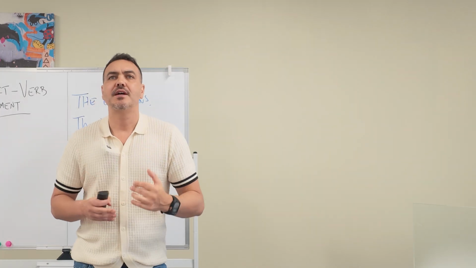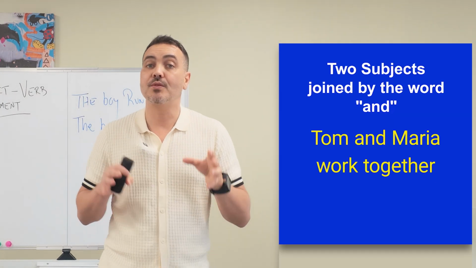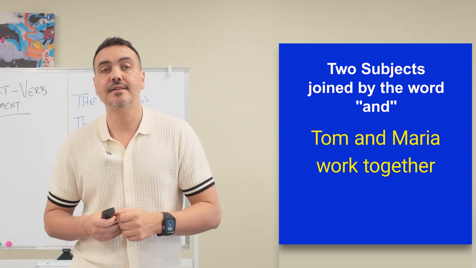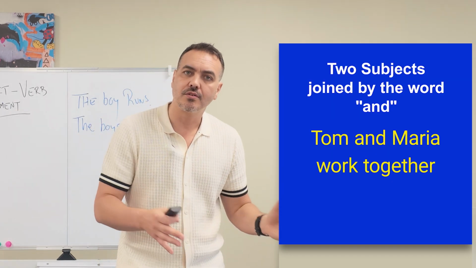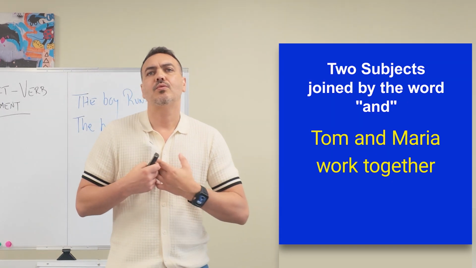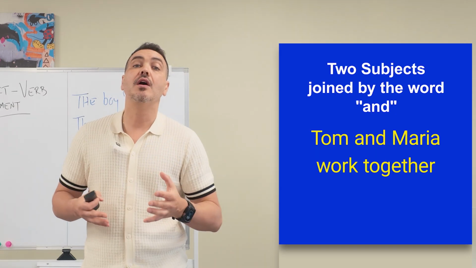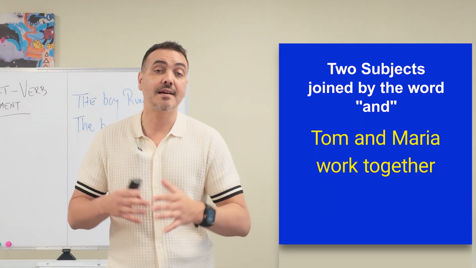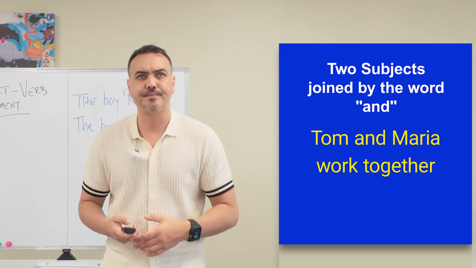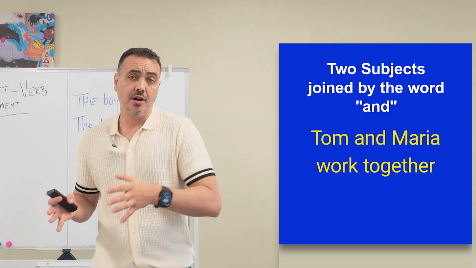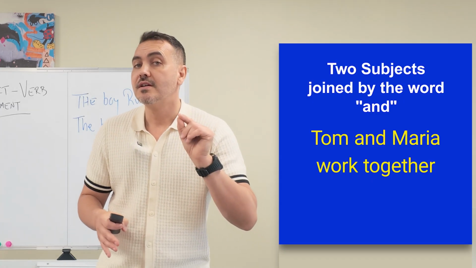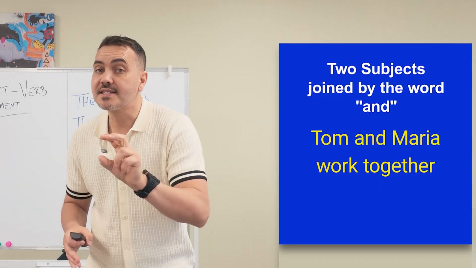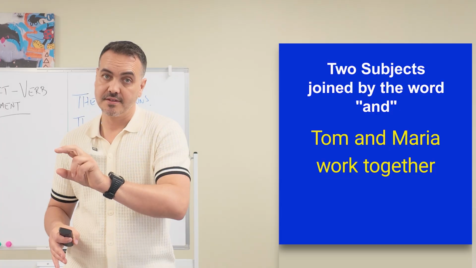Now, sometimes a sentence has two subjects joined by the word and, okay? For example, Tom and Maria work together. Here we're talking about two people, Tom and Maria. The subject is plural. We say Tom and Maria work together, not Tom and Maria works together, okay?